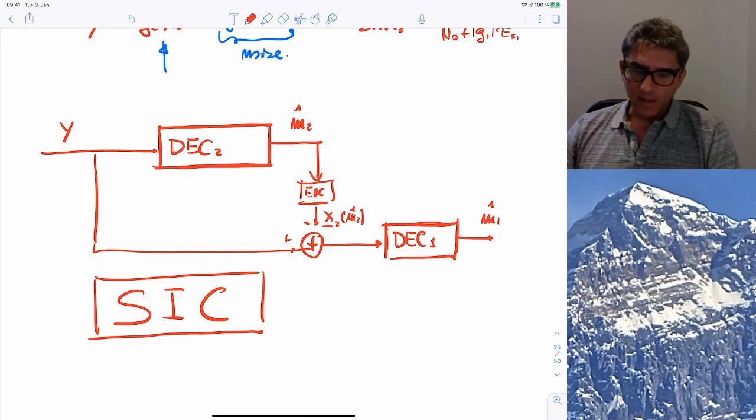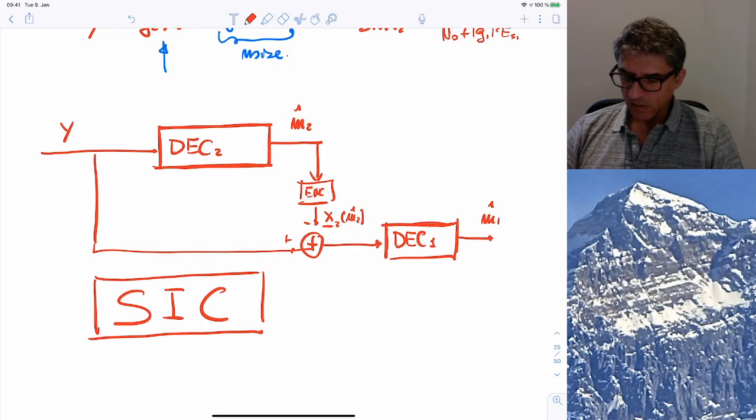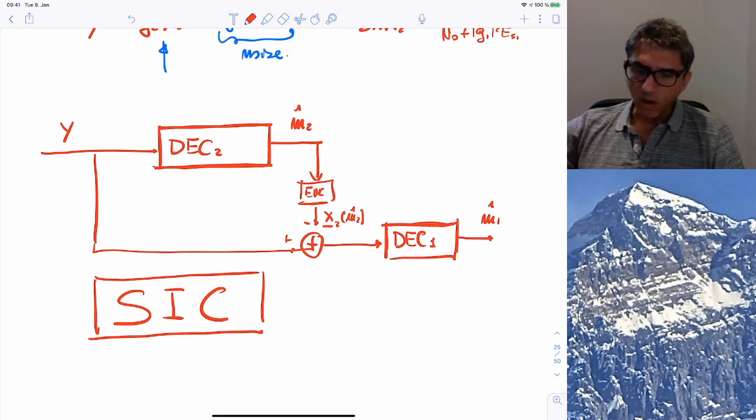When you can use this successive cancellation, you start peeling off one signal, then subtract and clean up, and then try to decode another signal and so on.